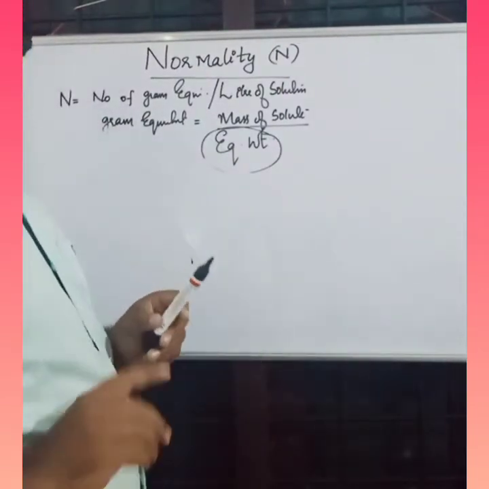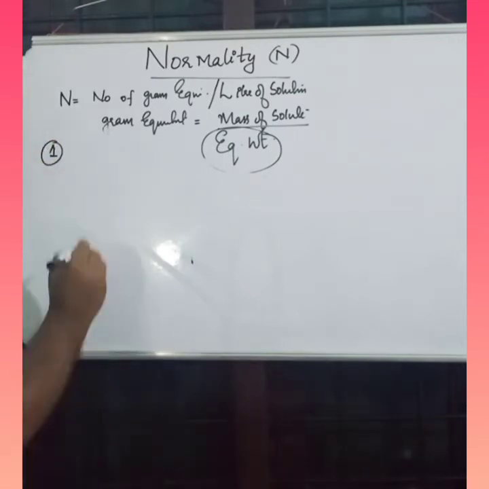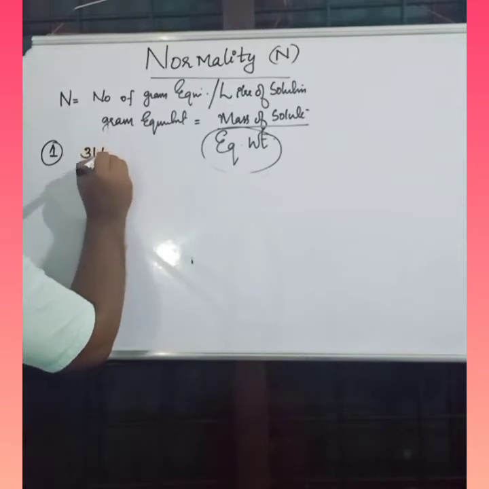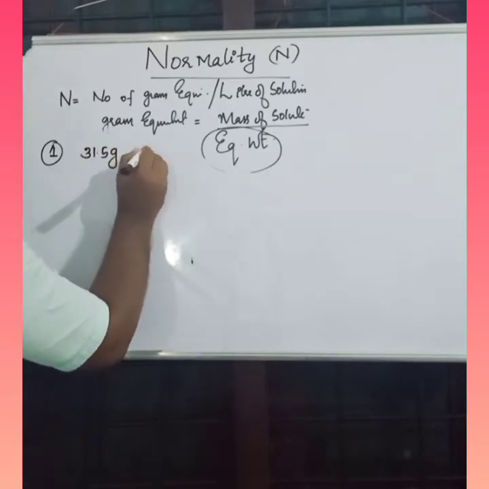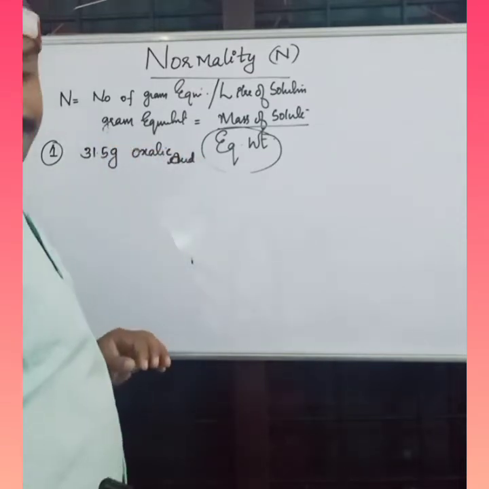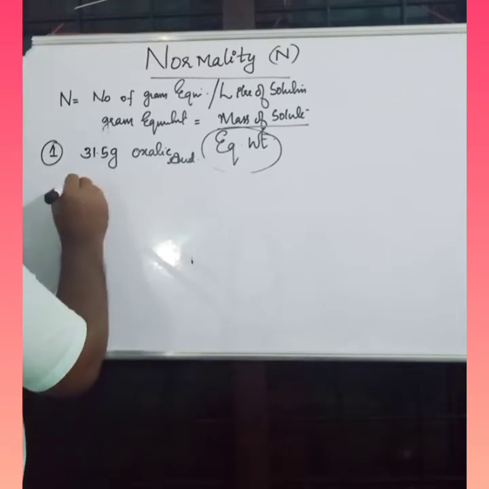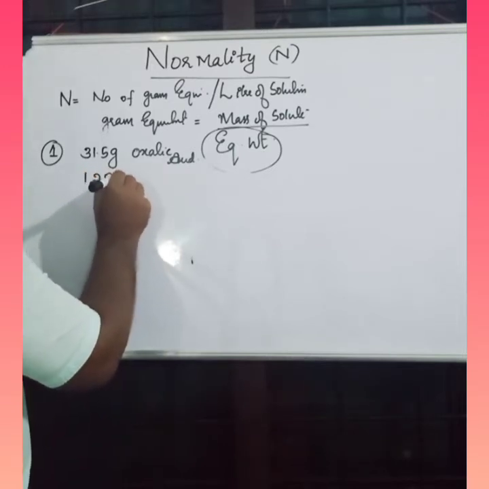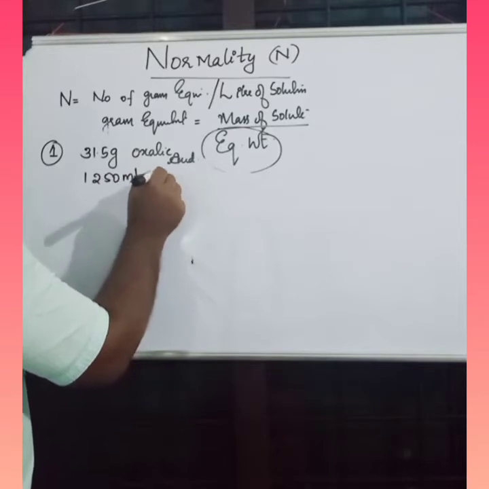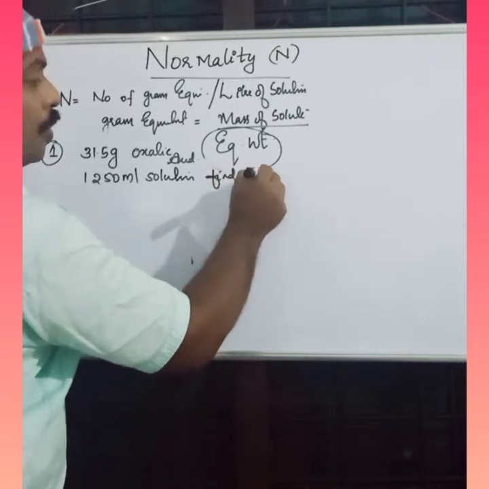Question. Calculate the normality of 31.5 gram hydrated oxalic acid dissolved in 1250 ml of solution.